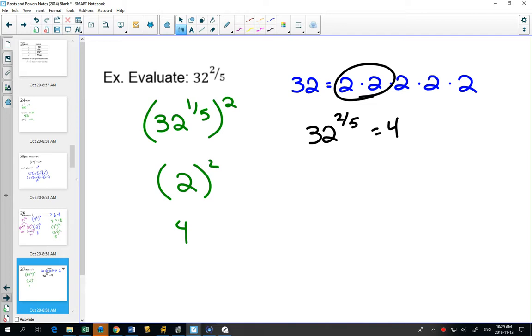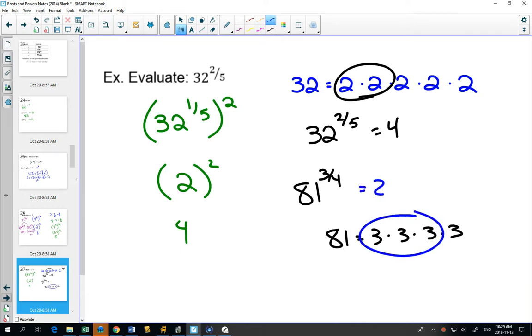That's kind of cool. So now you can do stuff like 81 to the 3/4. Well, 81 is 3 times 3 times 3 times 3. It's 27. That's pretty nice.